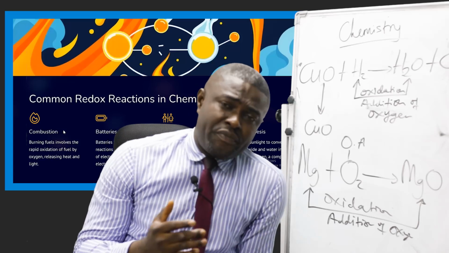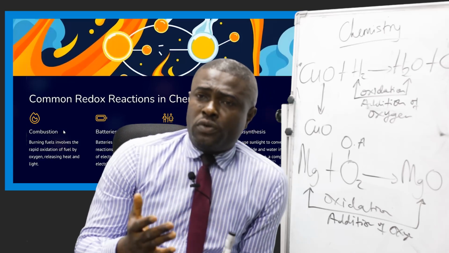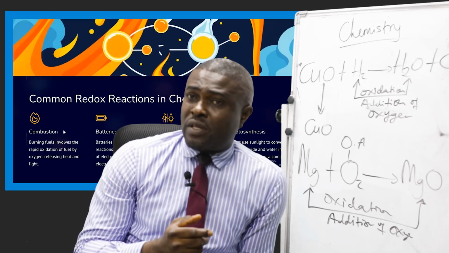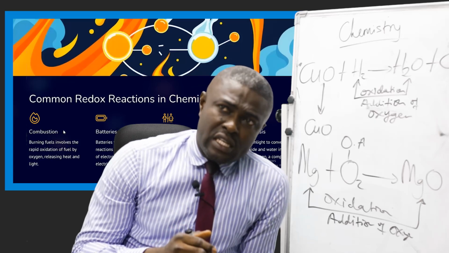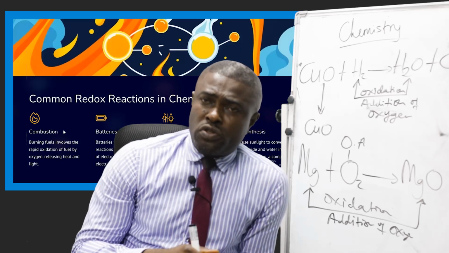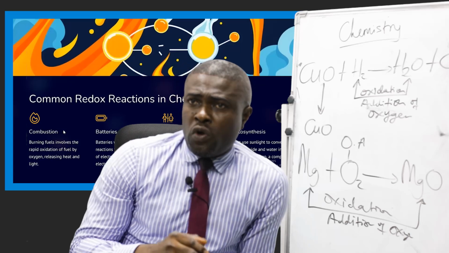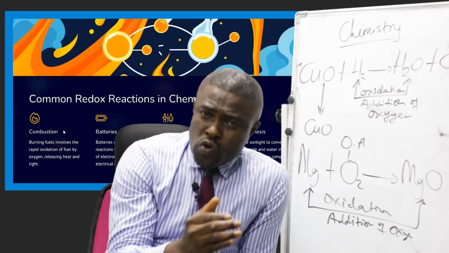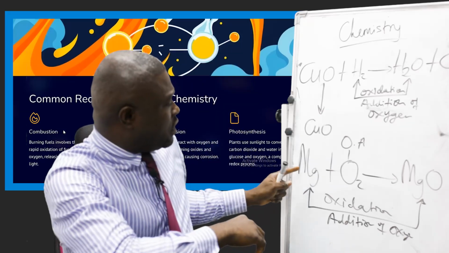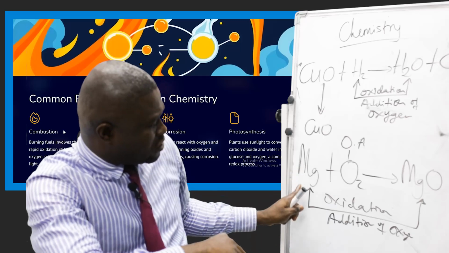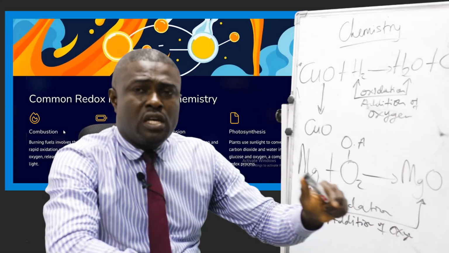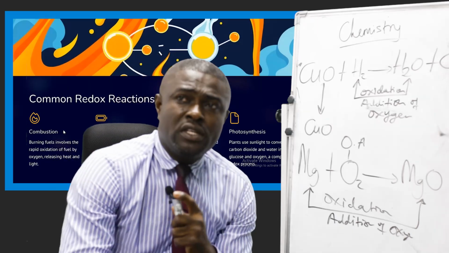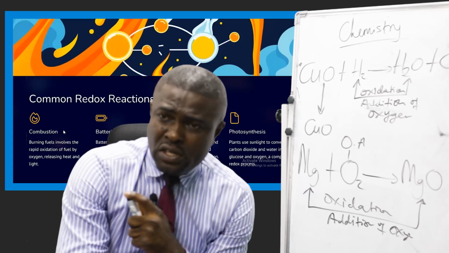Sodium and potassium are very reactive metals that can react with oxygen to produce the oxide of the metal. Whenever you notice from the equation that there is addition or involvement of oxygen, oxidation has occurred. That is the second way we can understand oxidation reaction.